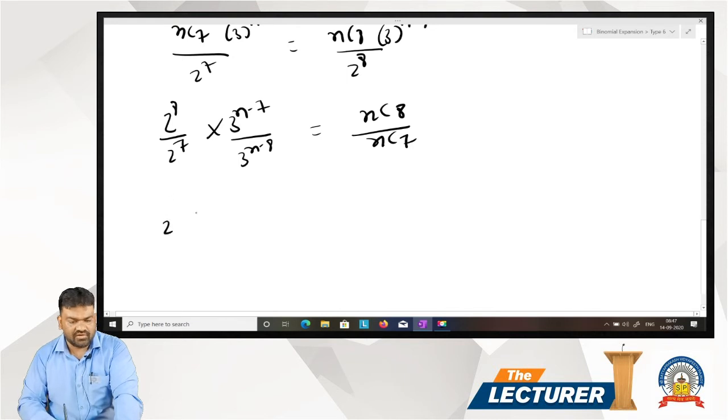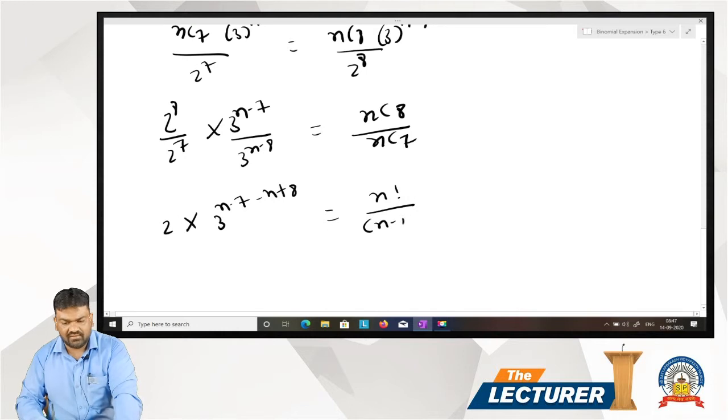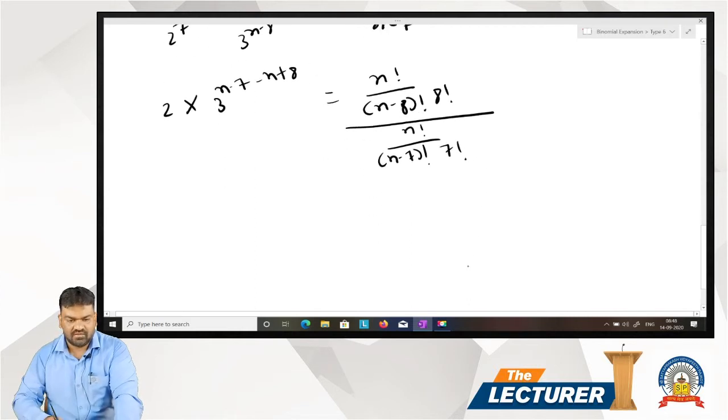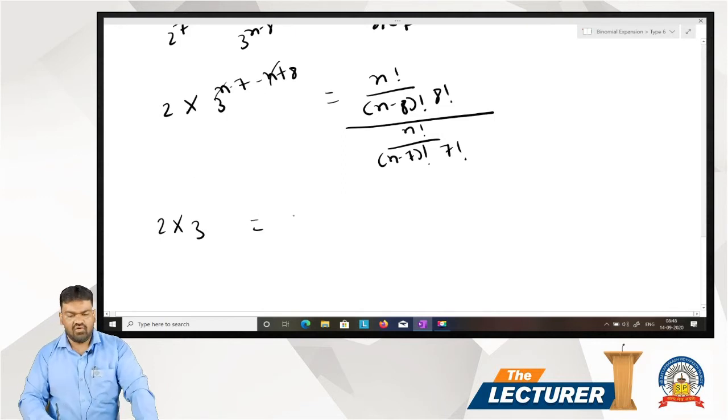2 raised to 8 divided by 2 raised to 7, that is 2. 3 raised to n minus 7 minus n minus 8 is equal to n factorial over n minus 8 factorial times 8 factorial, divided by n factorial over n minus 7 factorial times 7 factorial. Here n factorial cancels, 2 multiplied by 3 raised to minus 7 plus 8, that is 3 raised to 1.